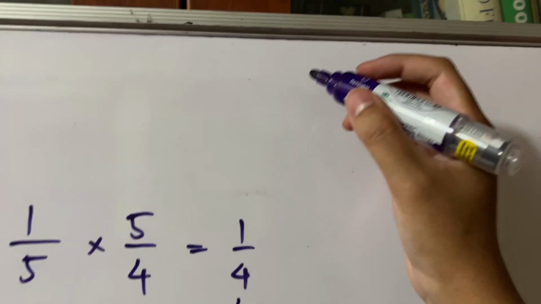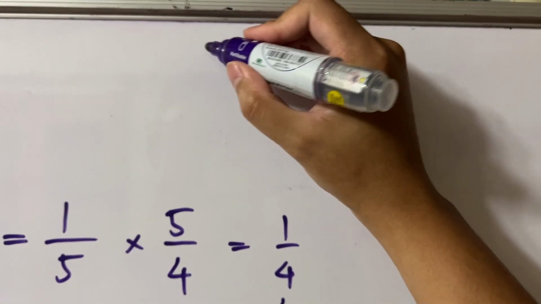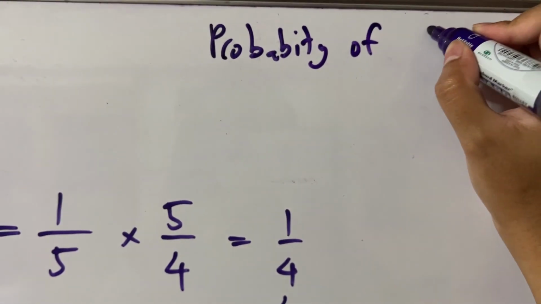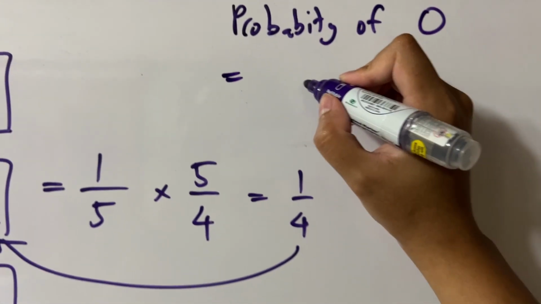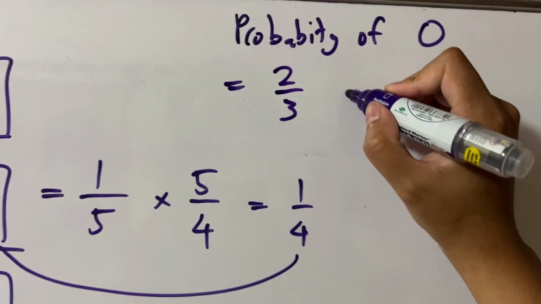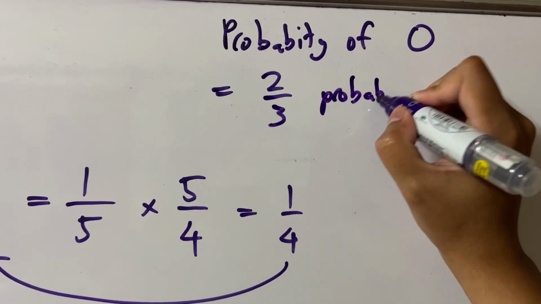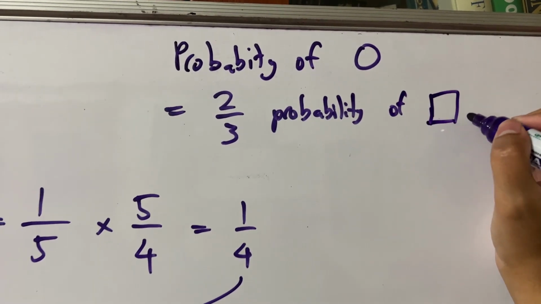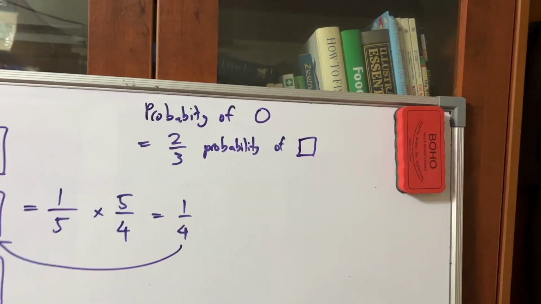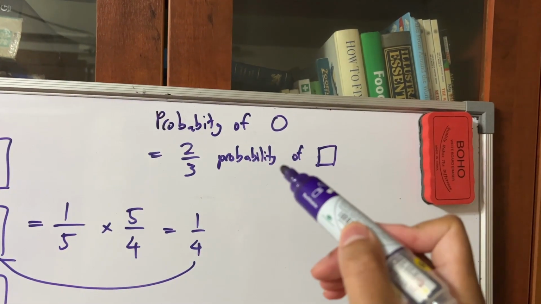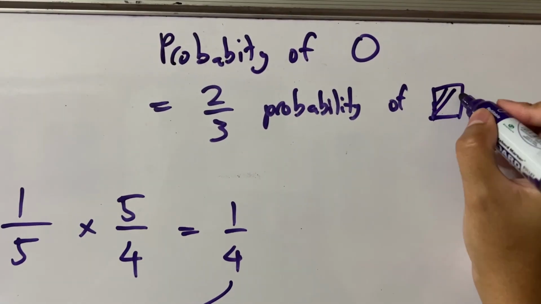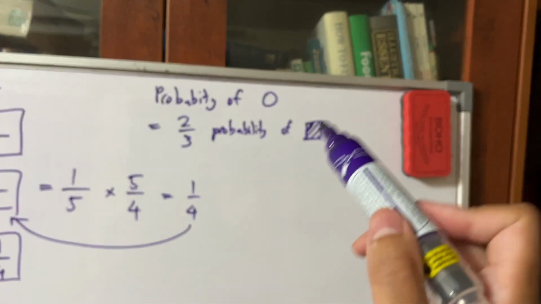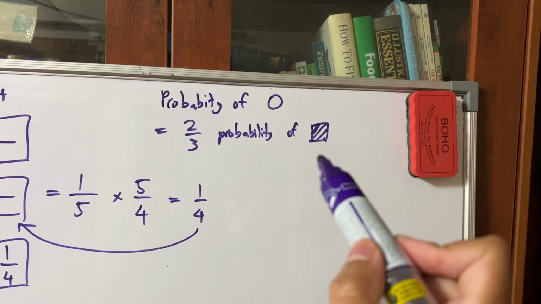So for example, we have probability of circle is equal to 2/3 probability of square, right? So probability of circle in terms of the probability of square. Let me do it like that, right? So probability of circle is 2/3 of the probability of square.